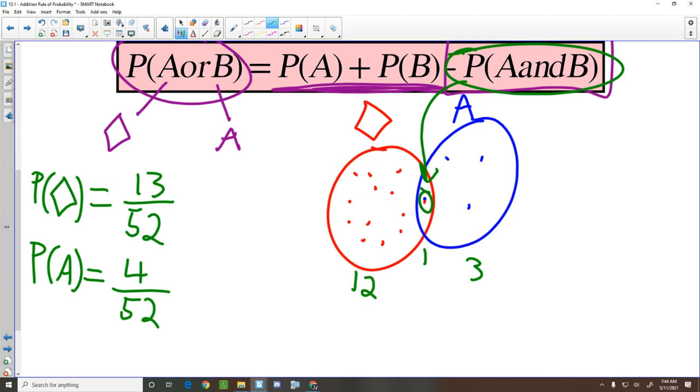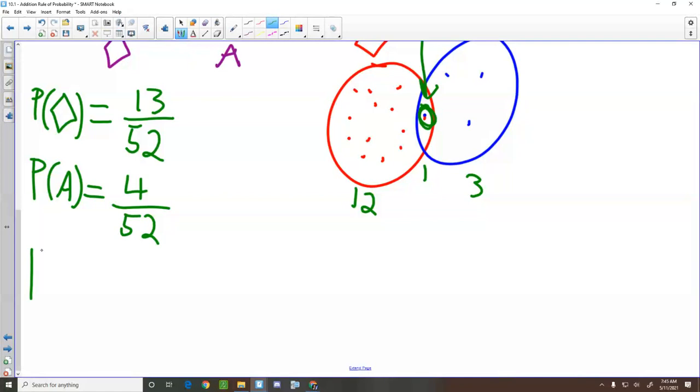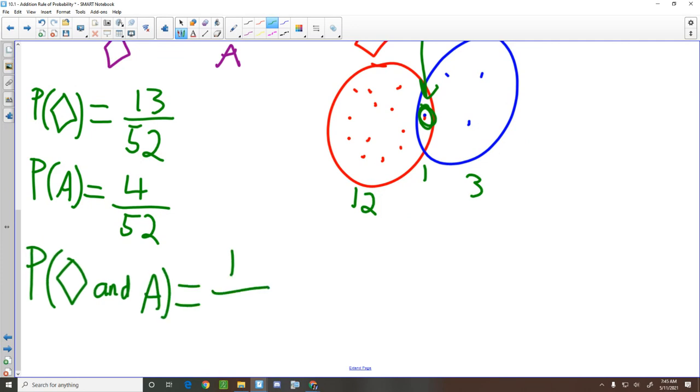Now, if I just add these up, 13 plus 4, that gives me 17. But I counted this one in the middle 2 times. I counted it as part of the diamonds and I counted it as part of the aces. So I have to subtract off that double occurrence from that total. And so then the probability of diamond and ace equals, there's only one card in that deck that meets both of those conditions, a diamond and an ace.